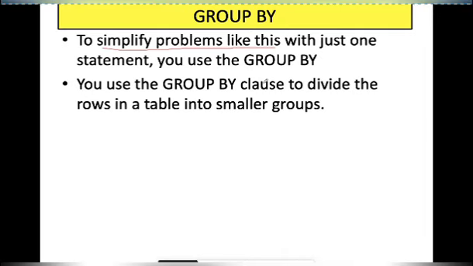You use group by clause to divide the rows in the table into smaller groups, and that will be with respect to a particular column in the table, and generally that column will be some column in which there are duplicate values, like type, size.